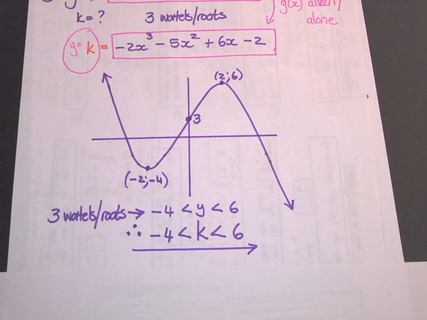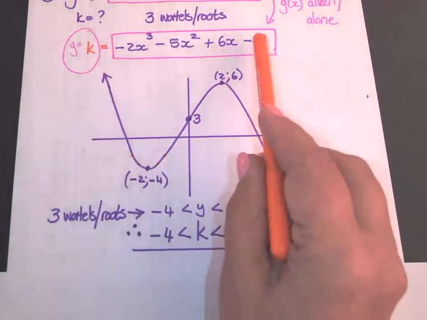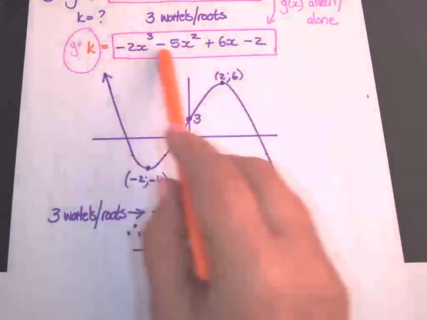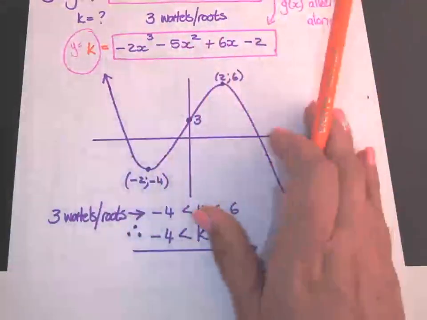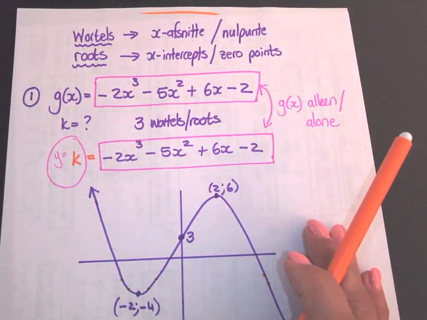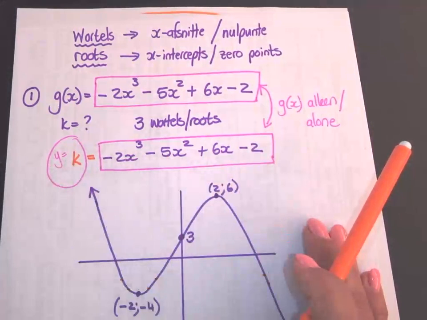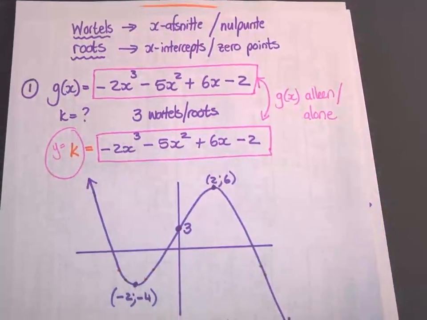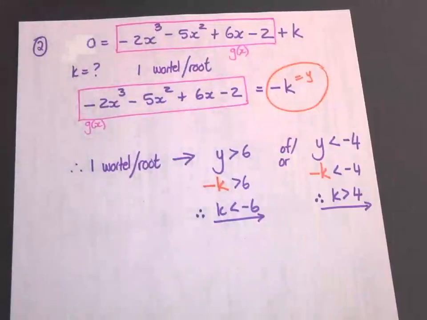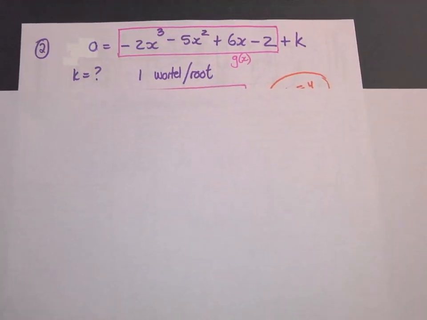Alright. Now, what happens if I put the k as part of the question after I've given you the function? So I put the k inside the equation. Okay, let's see. I want one root.